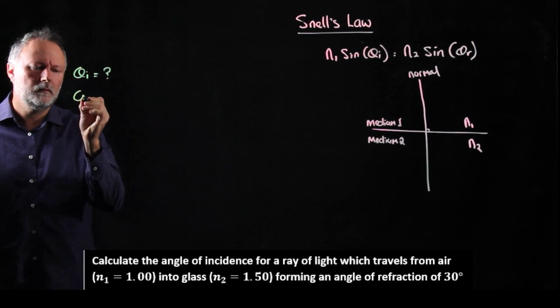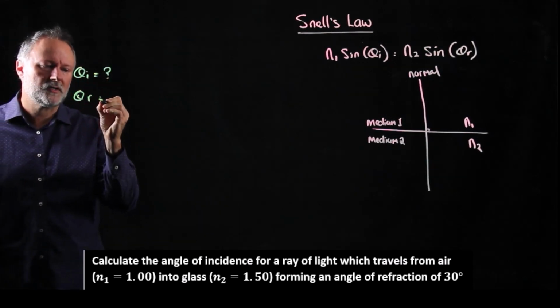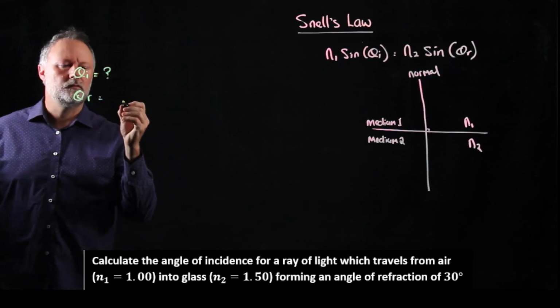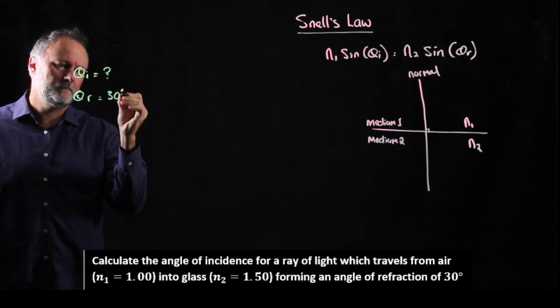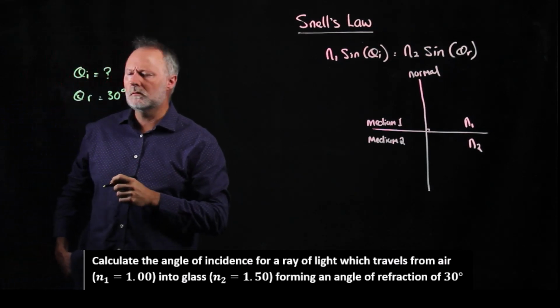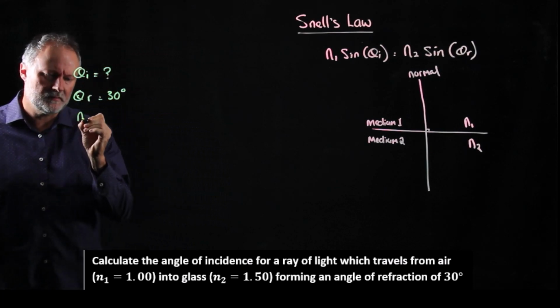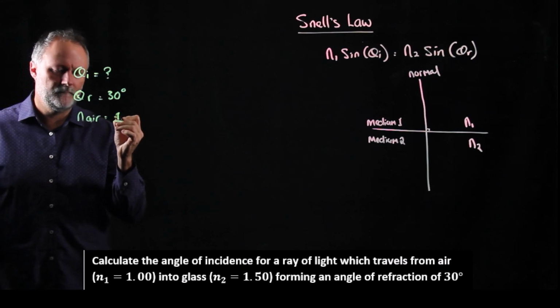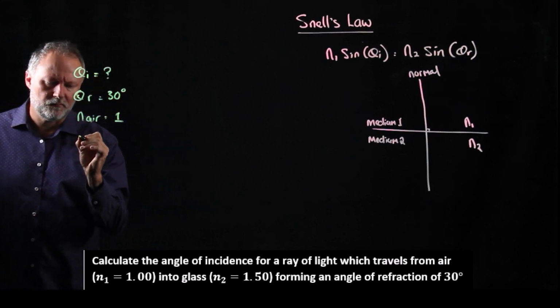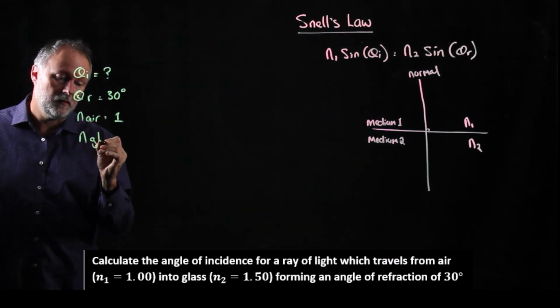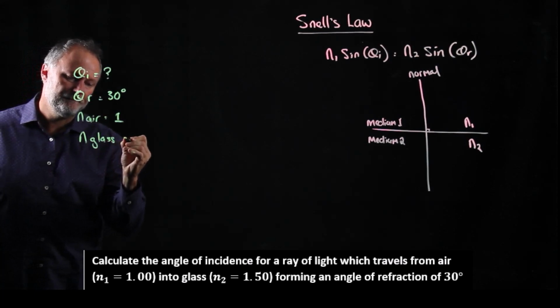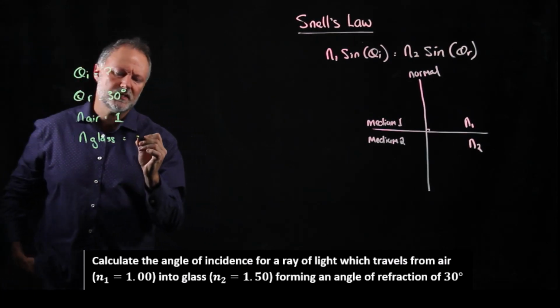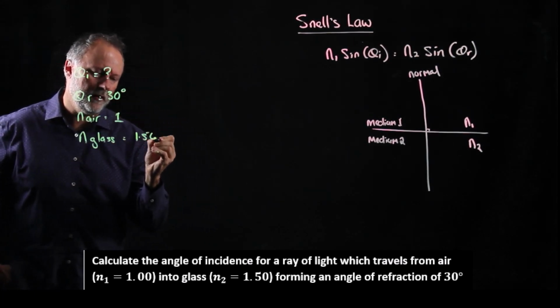We know there's an angle of refraction of 30 degrees. And we know the refractive index of air is 1. And we also know the refractive index of the glass, in this example, was stated to be 1.5.